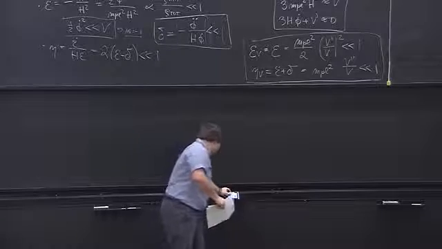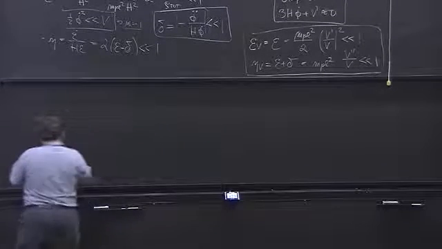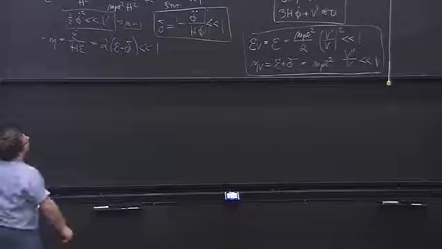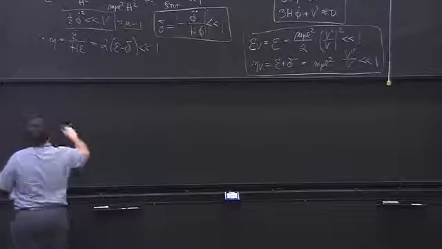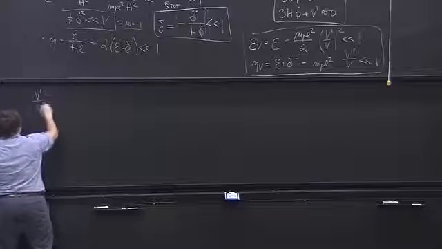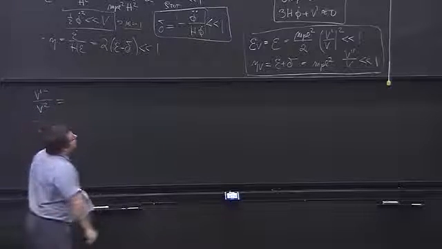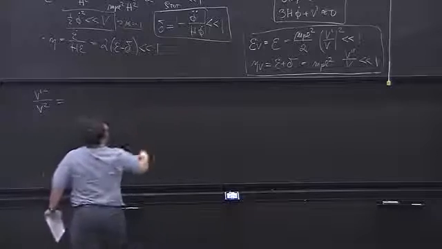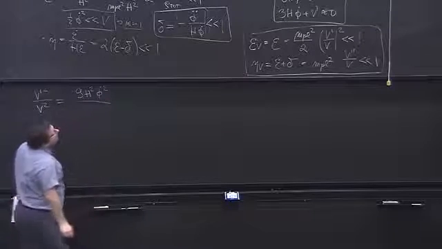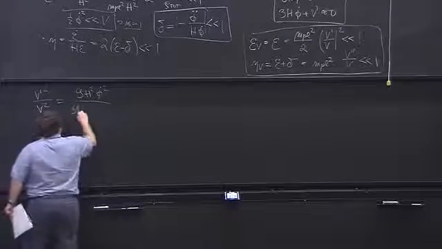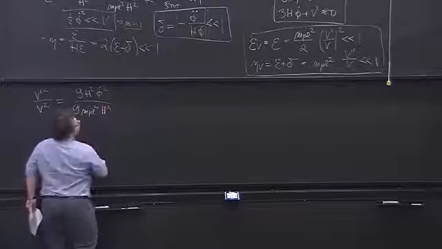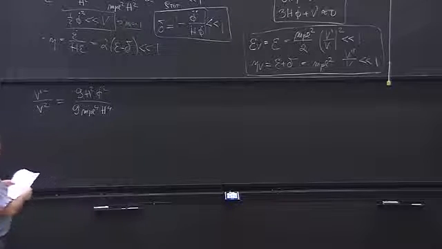The first one you would get by squaring the equations which we have over there. So we have that V prime square over V square is, from the second equation, 9 H square phi dot square over 9 m Planck to the 4 H to the 4.